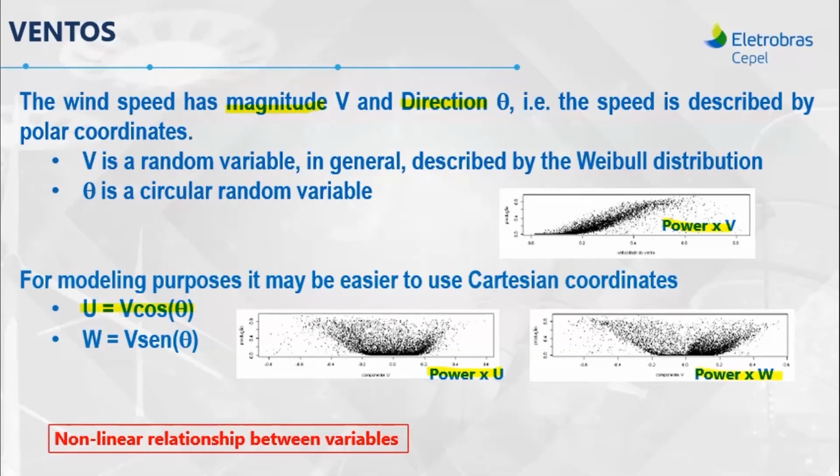U is the wind speed multiplied by the cosine of the direction of the wind, and W is the wind speed multiplied by the sine of the direction of the wind.